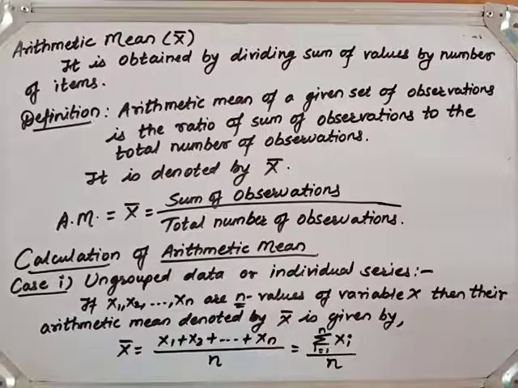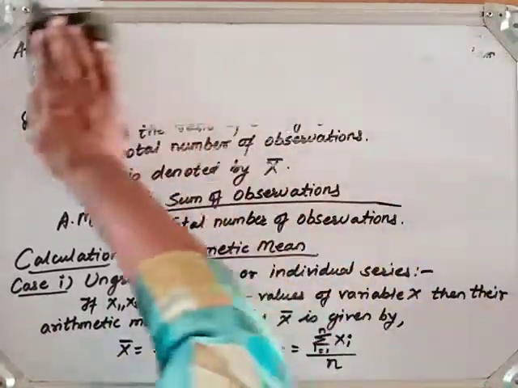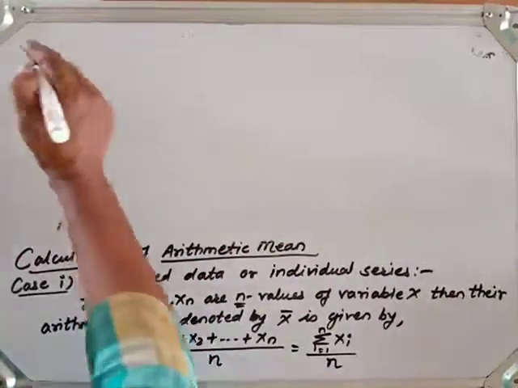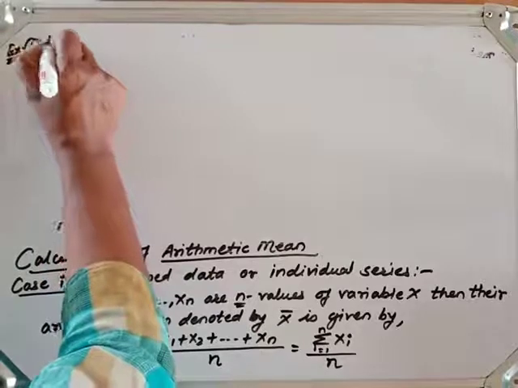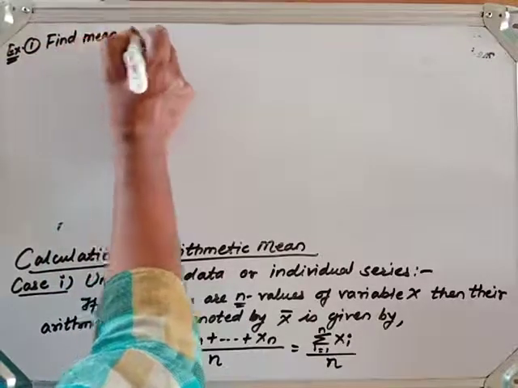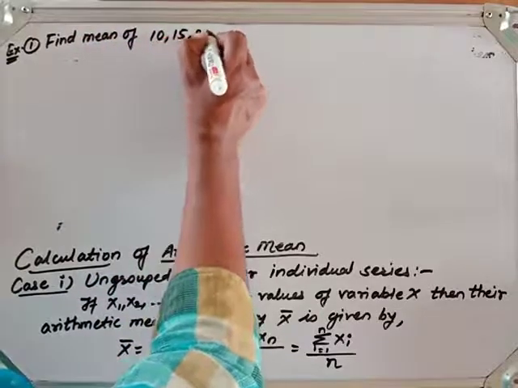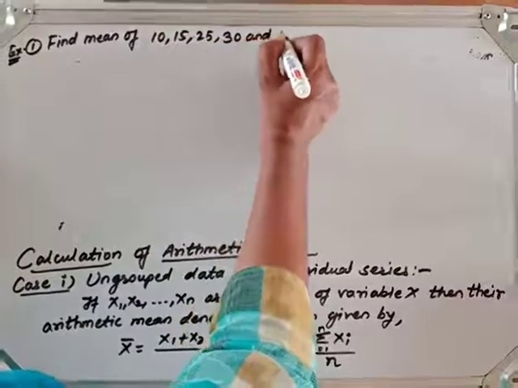Now let us see an example on it. First one: suppose find the mean of 10, 15, 25, 30 and 50.